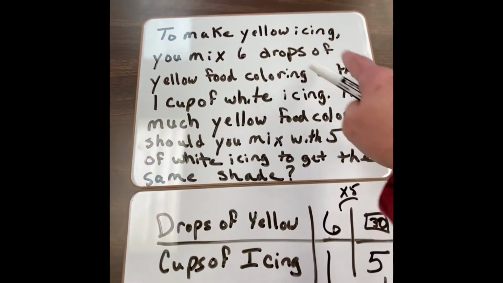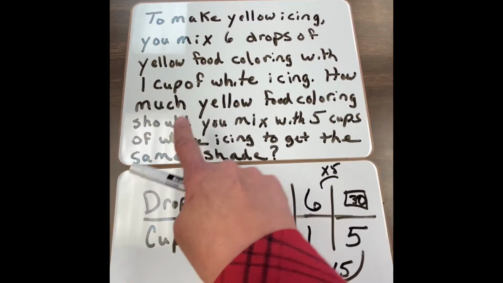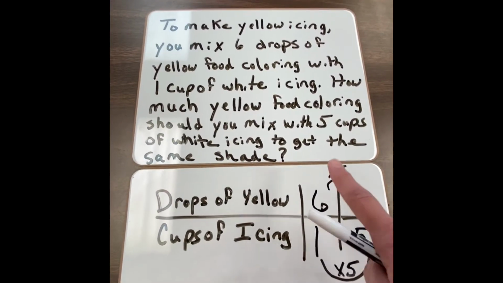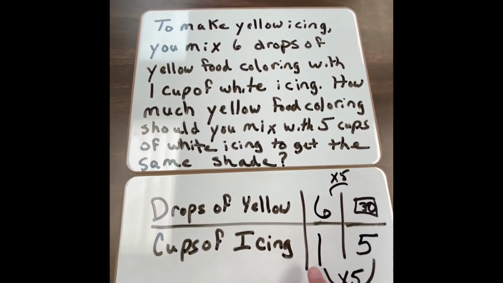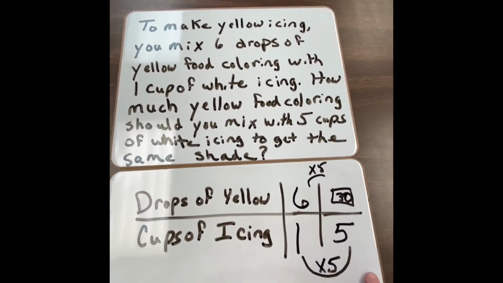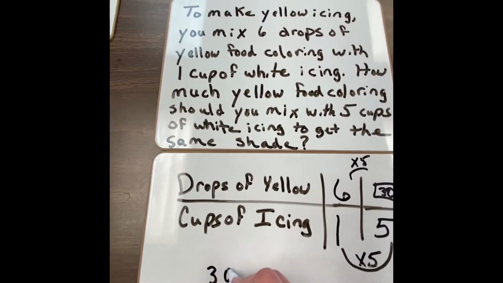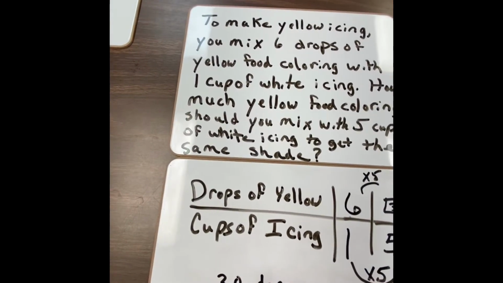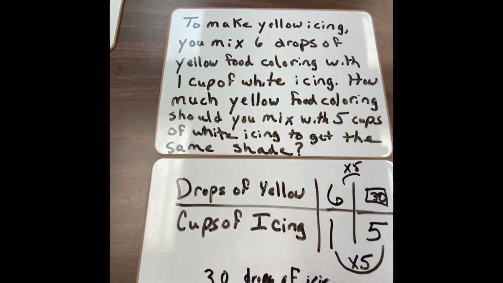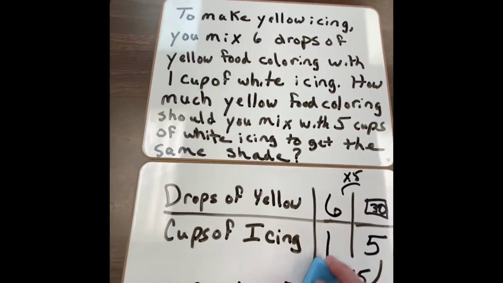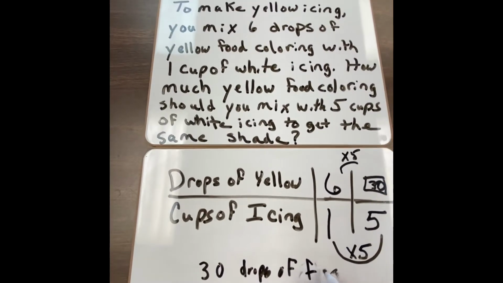To make yellow icing, you mix 6 drops of yellow food coloring to make 1 cup. So 6 drops to make 1. So then it would take 30 to make 5. So yes, it would make sense. So 30 drops of food coloring, not icing, food coloring.